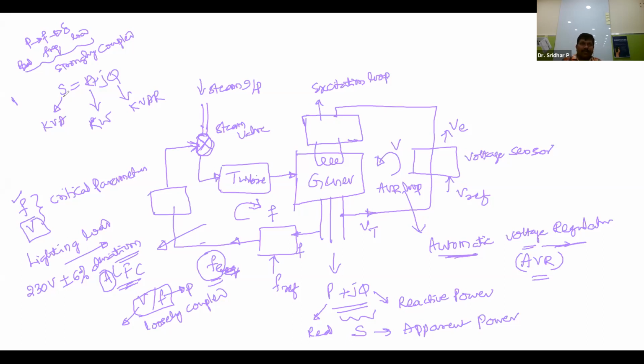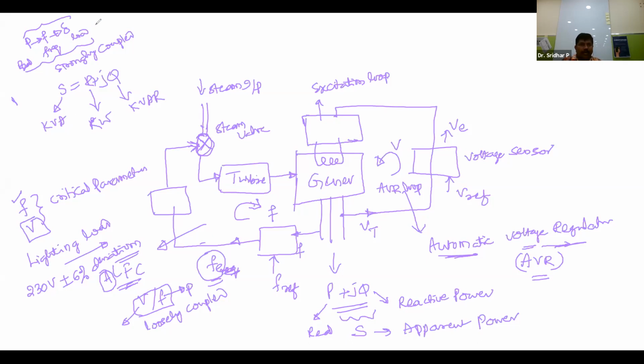Fast decoupled load flow depends on these parameters. Which set of parameters is strongly coupled, and which set is coupled very loosely? Based on this, we completed our power system analysis, especially load flow analysis.